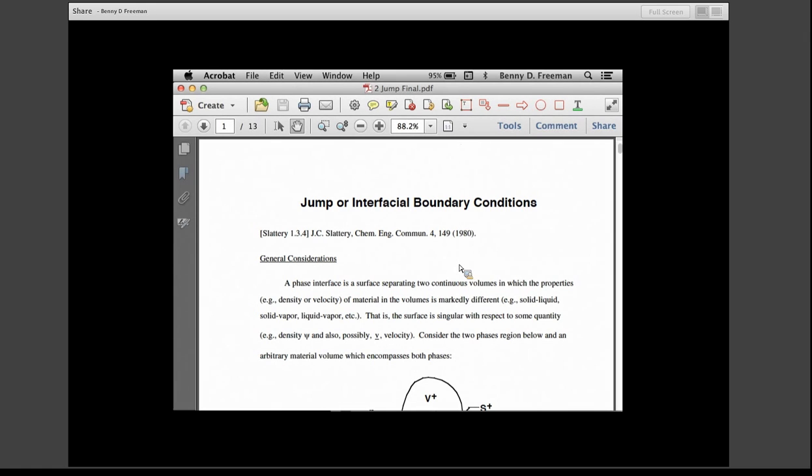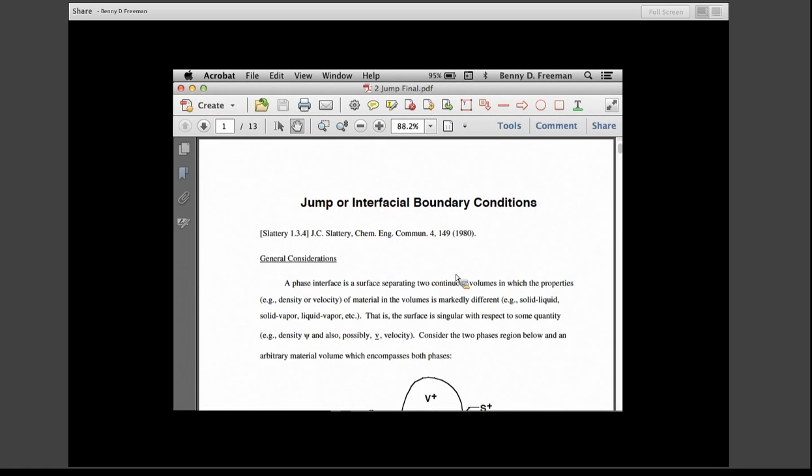One of the most common boundary conditions that we will encounter in chemical engineering is a boundary between two different phases, between a liquid and a gas, a solid and a liquid, a solid and a gas. We'll be trying to solve for the concentration profile or flux in one or both of those phases. And we'll have to say something about what the concentration and flux variables are at an interface or in the vicinity of an interface.